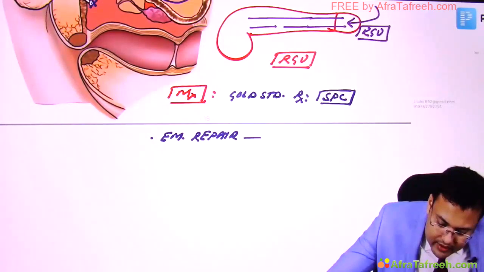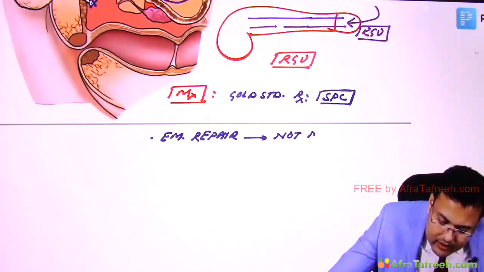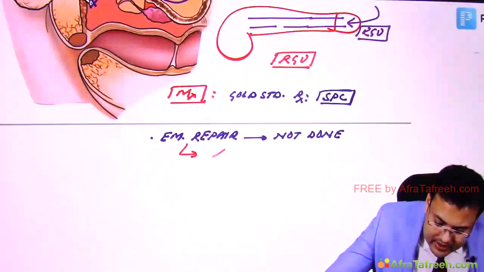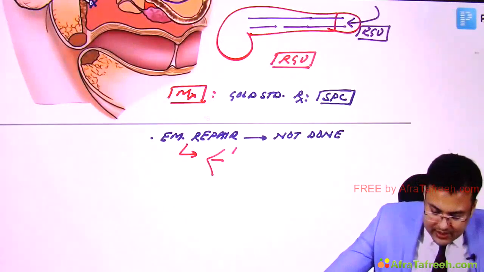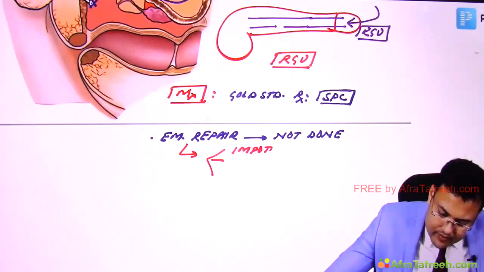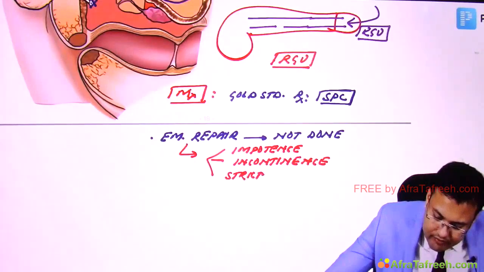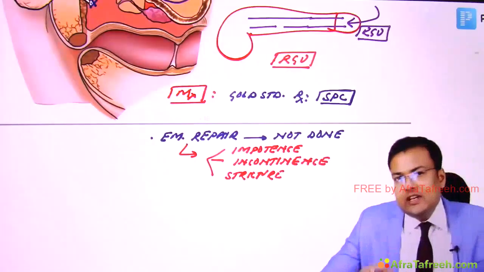Emergency repair increases the risk of impotence, incontinence, and stricture formation. Right? So you inserted SPC.